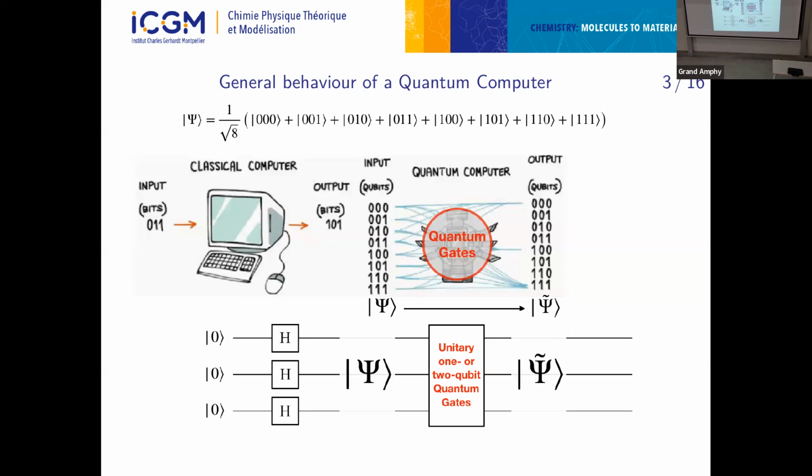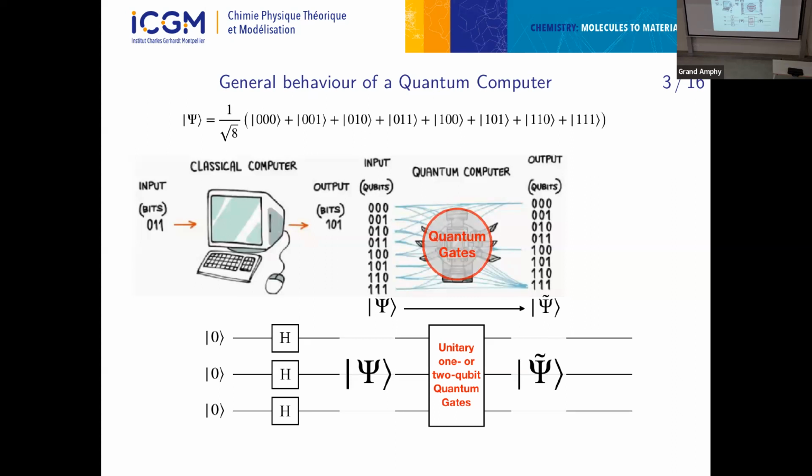And of course, we want to control it. So that's really the difference between just simulating your problem on a quantum computer or really trying to measure some properties. So we really want to control every step and get all the coefficients that we want in this equation.